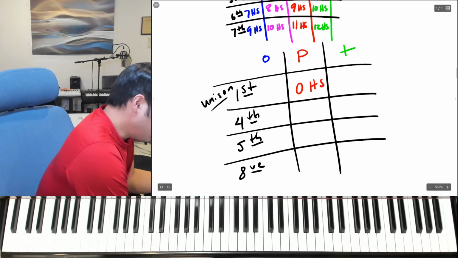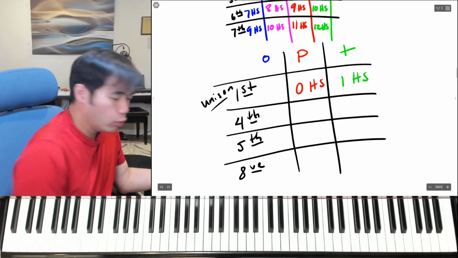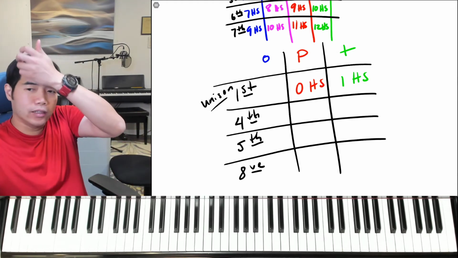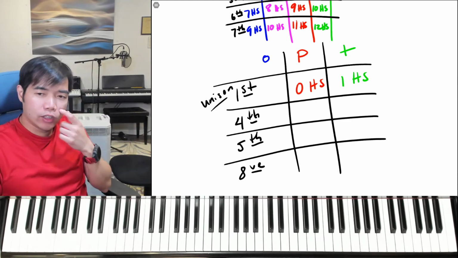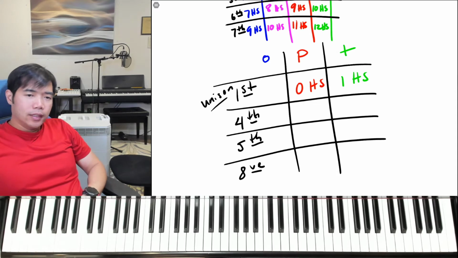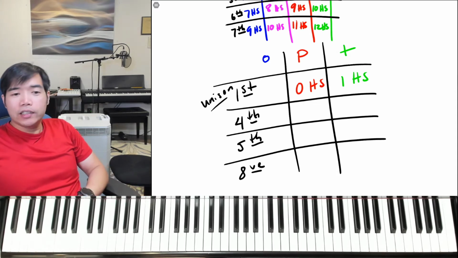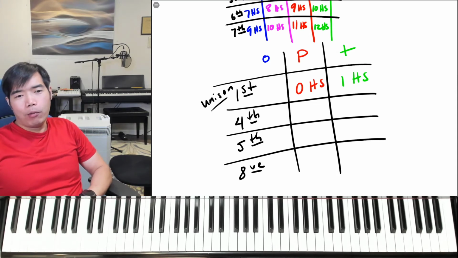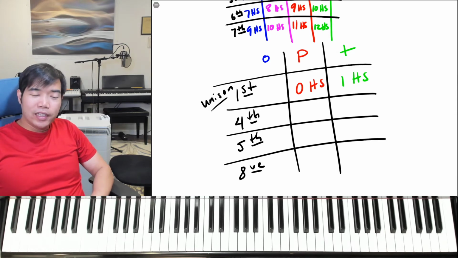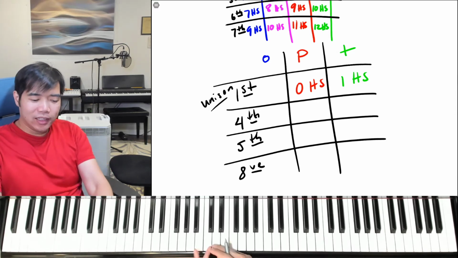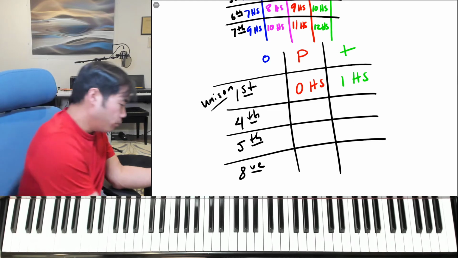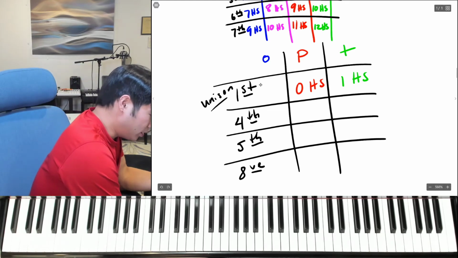So the augmented unison here has 1 half step of distance, which is the same as a minor second. It's enharmonic to a minor second. Now, you cannot decrease 0 half steps by 1 half step and come up with negative 1 half step, because that doesn't exist. So there is no diminished unison.